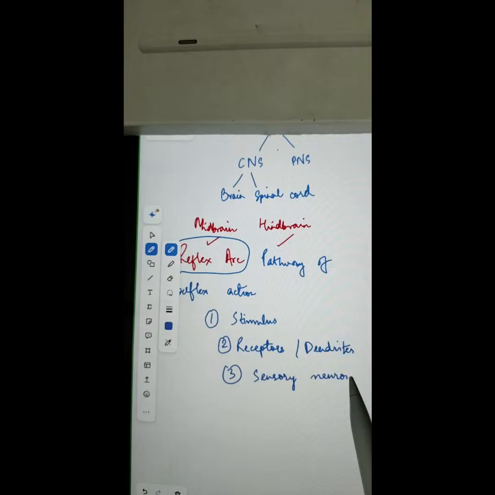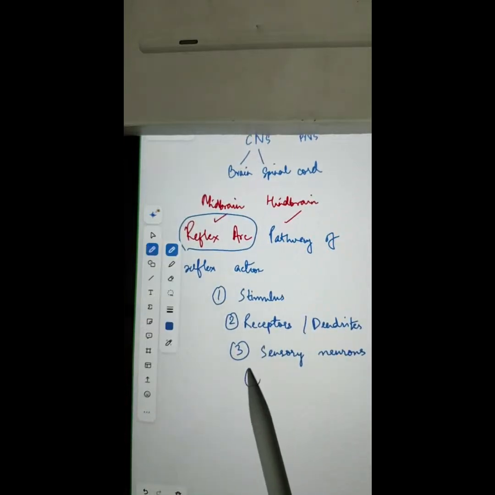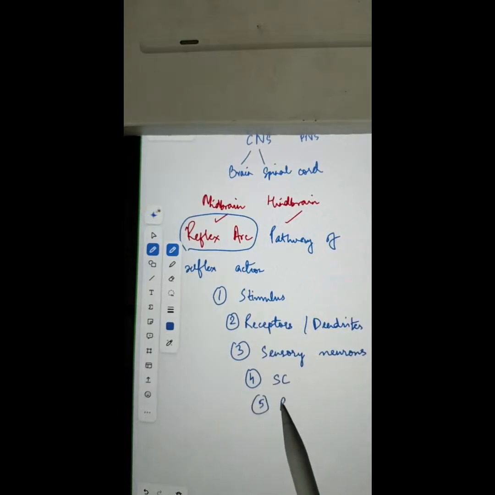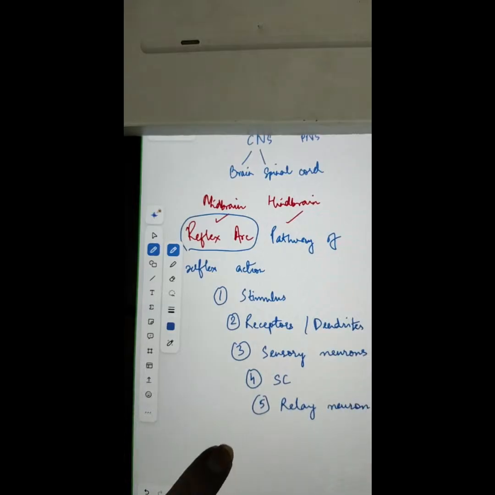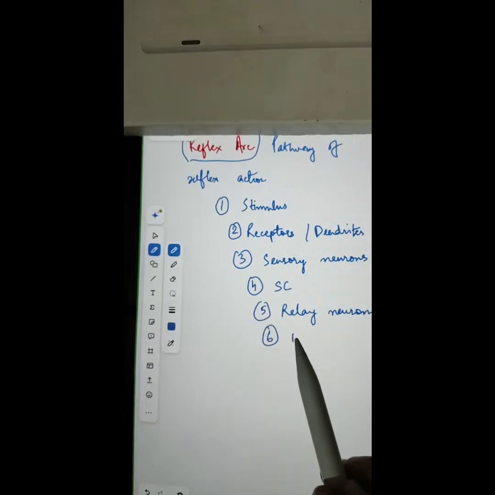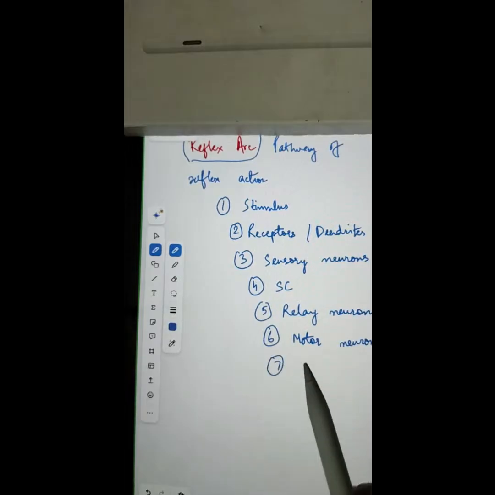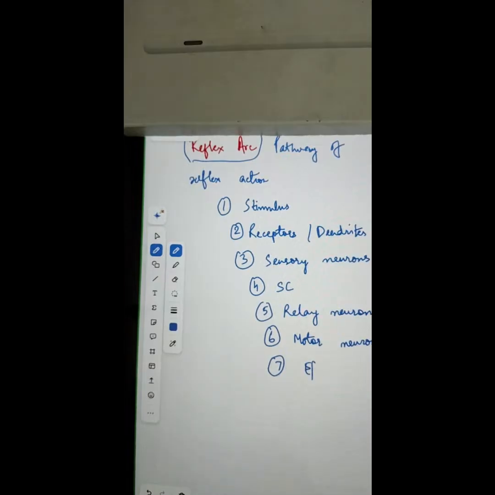There would be many, that's why I'm writing sensory neurons. Then obviously we will have the spinal cord, and in the spinal cord we will have the relay neuron, and then we will have the motor neuron, and then the last part, effectors.